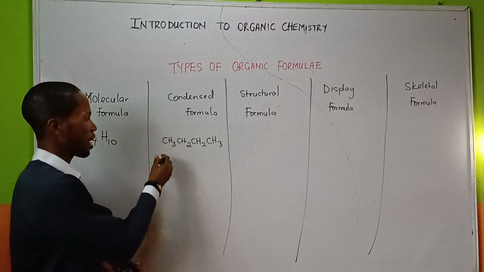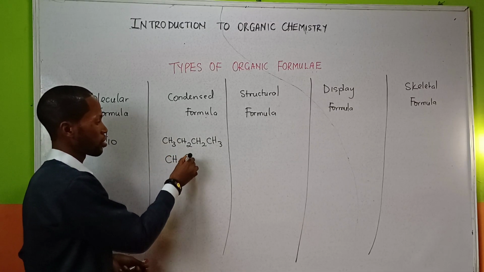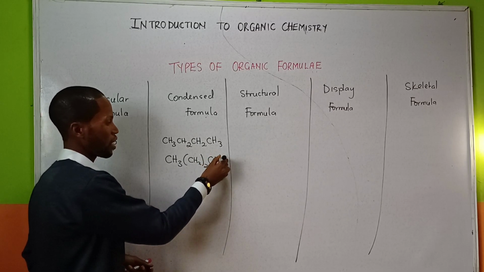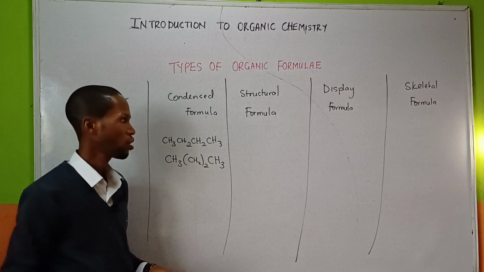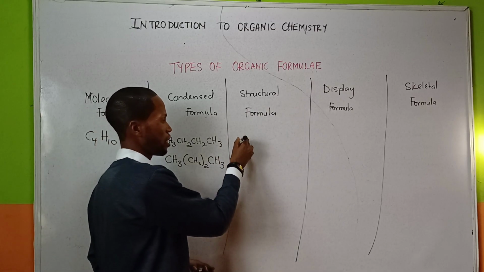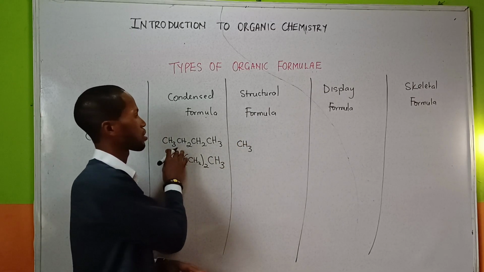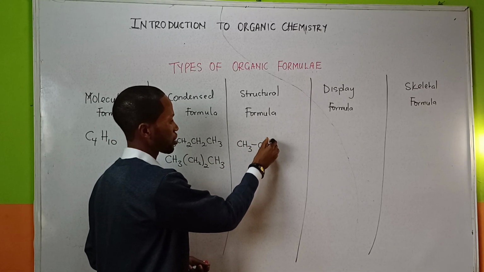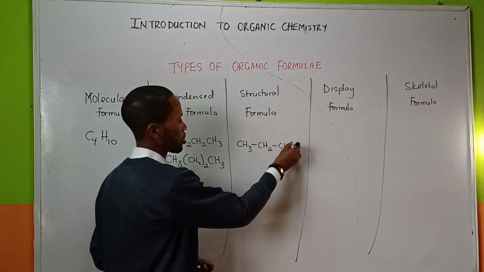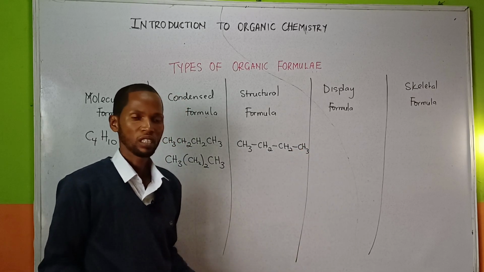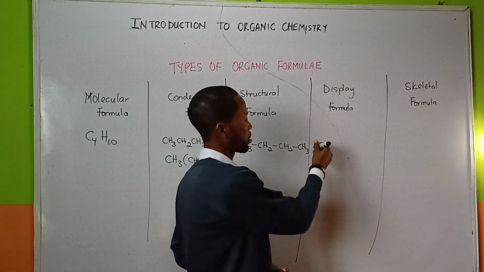Or it may be written as CH3, open bracket, CH2 to CH3. Okay? While the structural formula is written in a similar form as we have in the case of condensed formula, CH3, CH2, CH2, CH3.